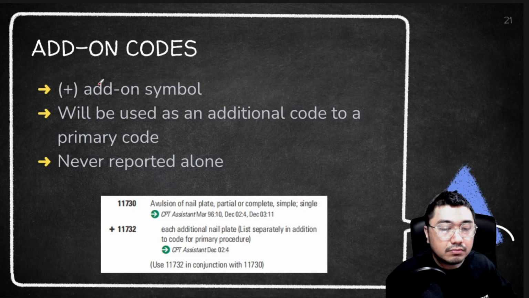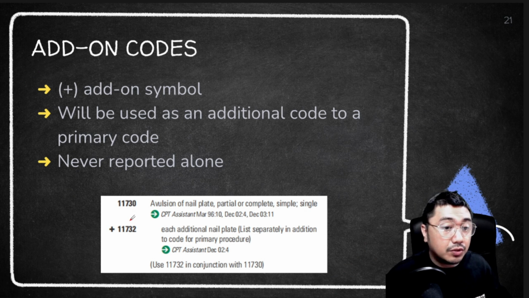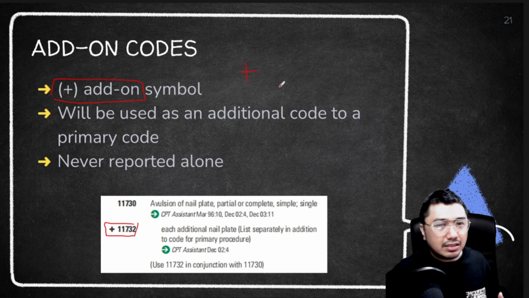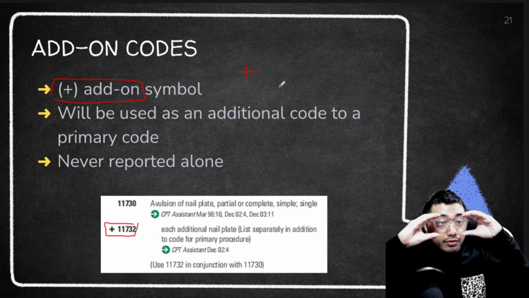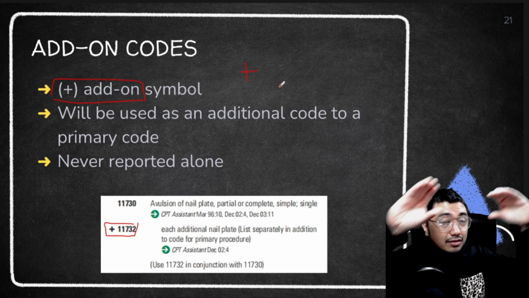All right, add-on codes. Next will be add-on codes. Remember, I showed you your 11732 earlier. Your add-on codes have this add-on symbol, an addition sign or plus sign. If you see a plus sign or addition symbol, all you need to do is add that specific code with the plus sign to another code.